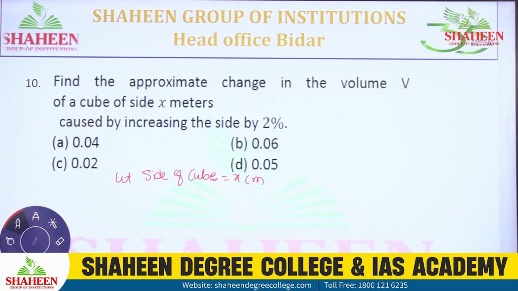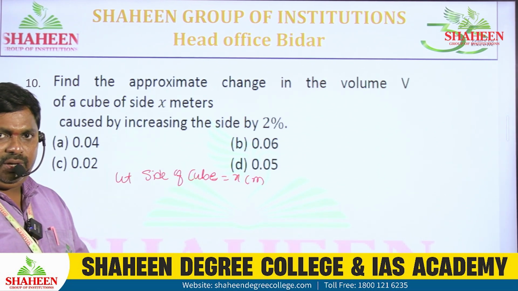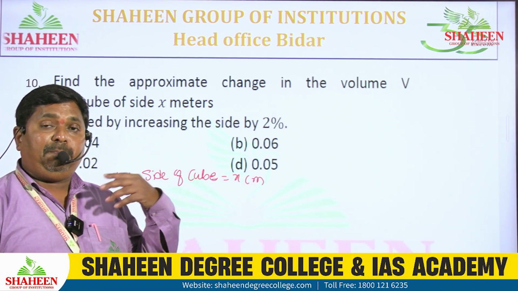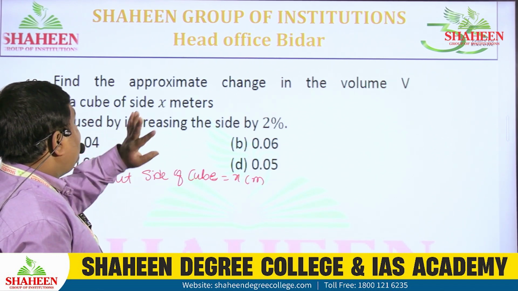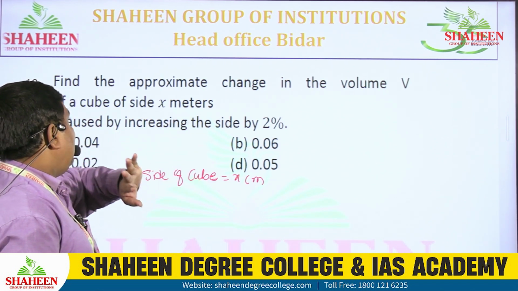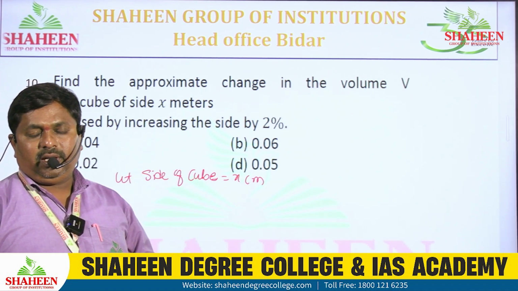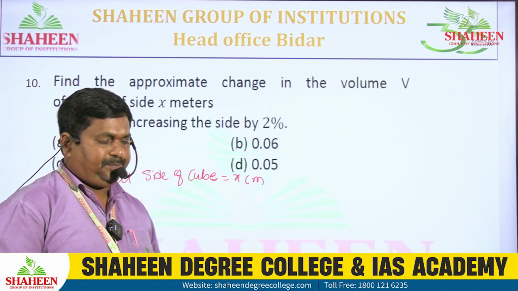Now we have increased the side by 2%. If we increase the side by 2%, then what percent of volume, or approximate change in the volume V of the cube, we have to calculate. How much the volume increases, that we have to find.